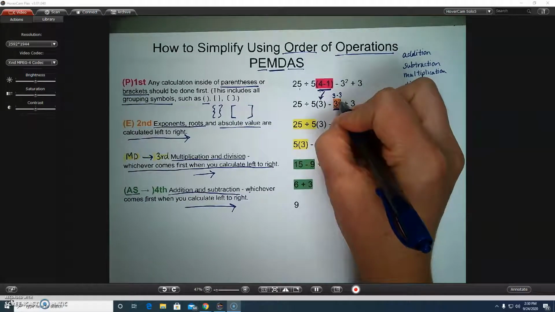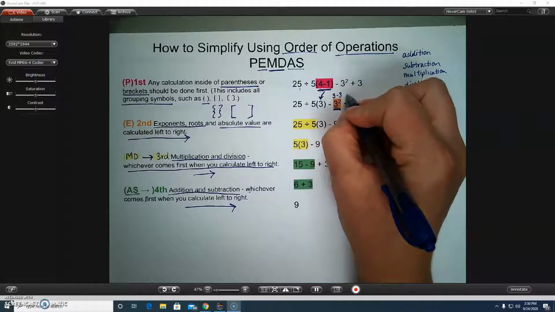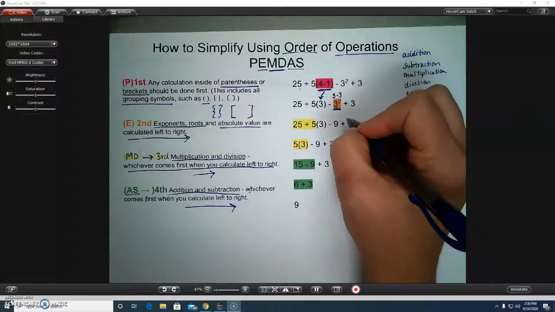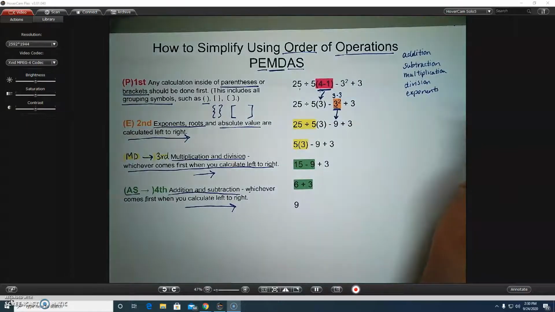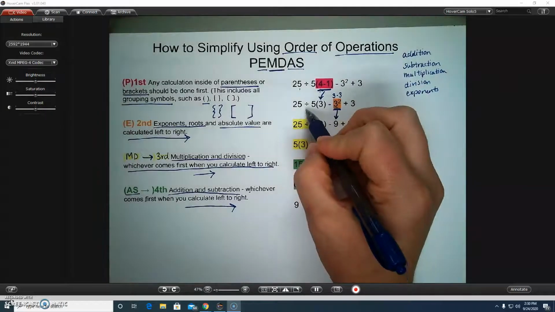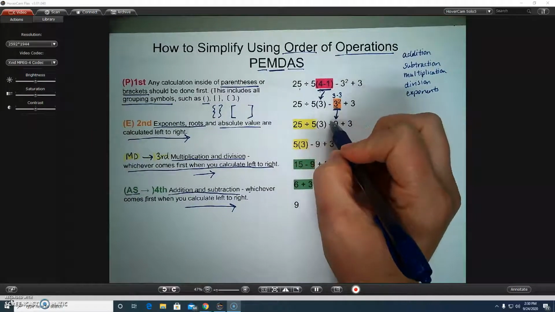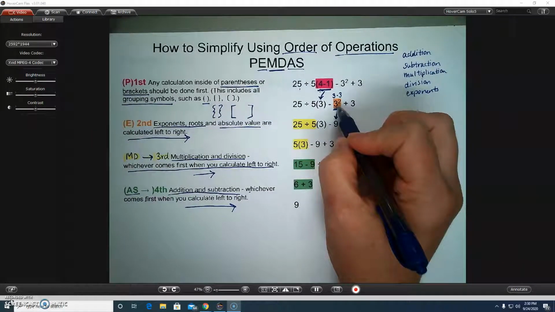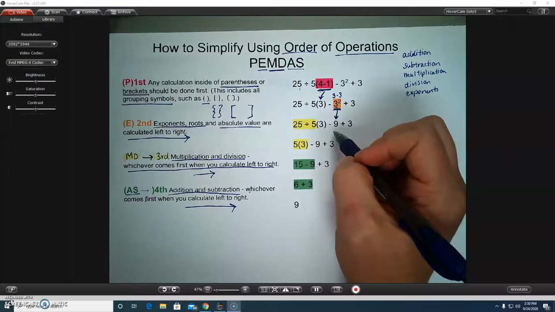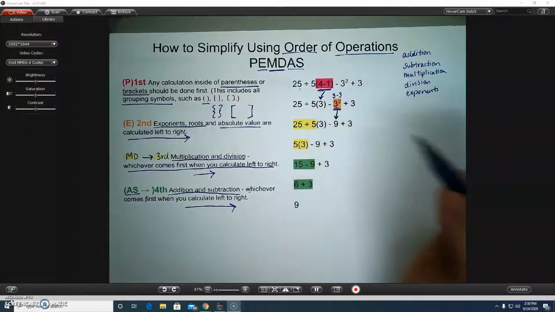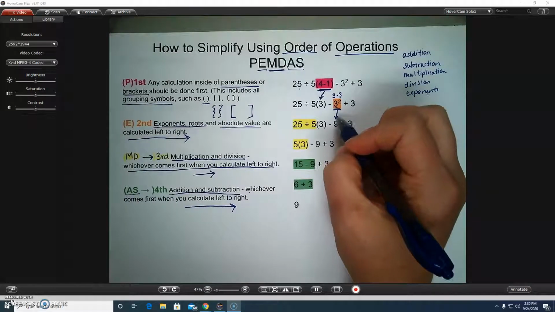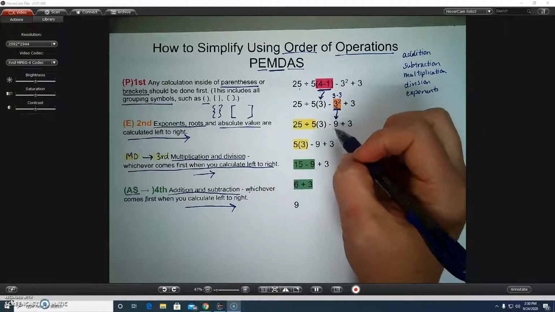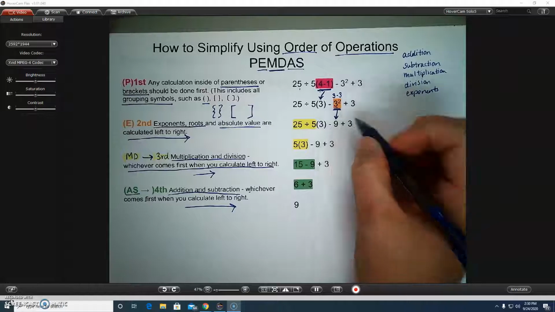If I had had a 4 there, I would have done 3 times 3 times 3 times 3, 4 times. That is where we get this 9. The only thing that I've changed in that one step is that 3 squared became a 9. I've simplified that. These are equal to each other. We're just trying to simplify this down as much as we can by combining things that we are allowed to.